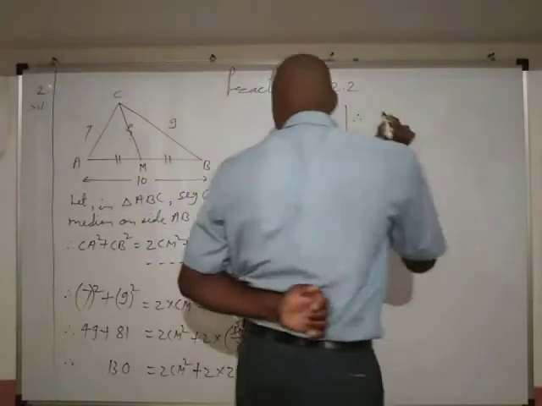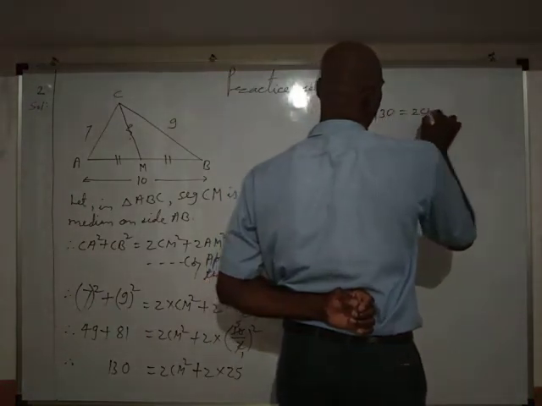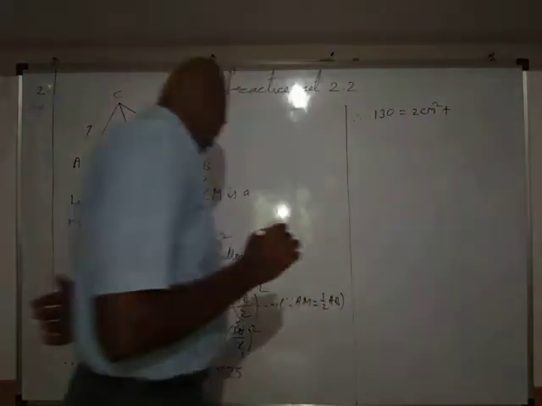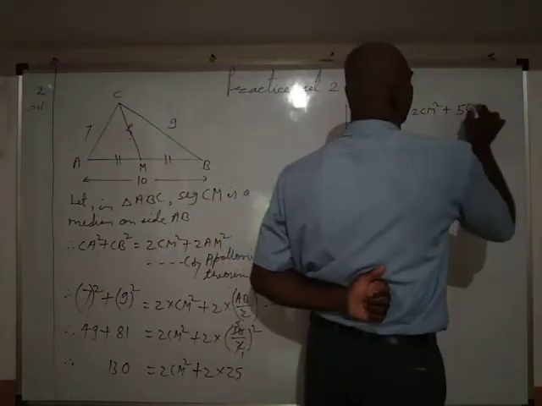And therefore 130 equals 2CM square plus 25 into 2, that is 50.